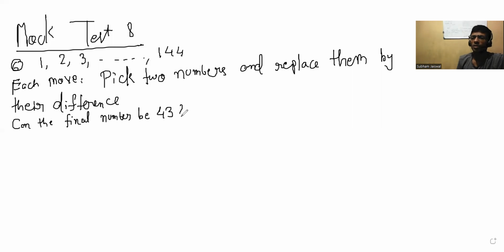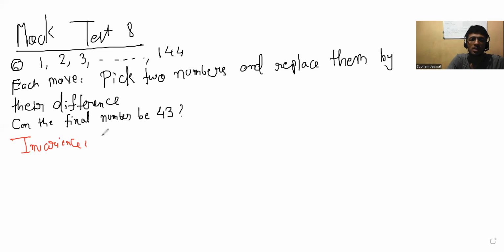This one, I suppose all of you have done, and I think all of you have done it correctly. The strategy is to find an invariant, and the invariant is the parity of the sum of the numbers on the board.